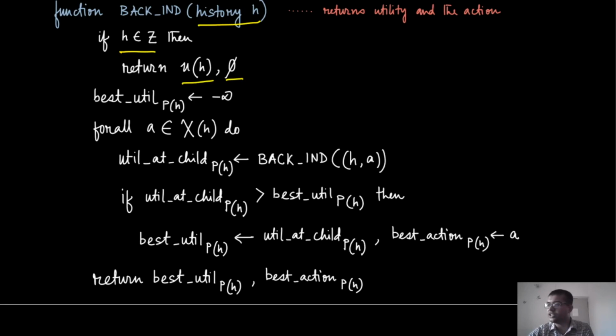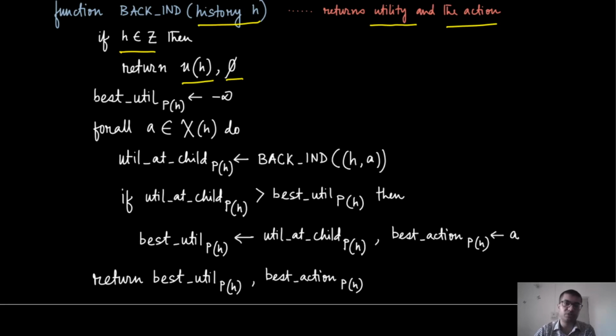So this function is going to return the utility and the action of the player at that history. Of course, if you are at a terminal node, you have no actions left, so you don't return anything, or return null.